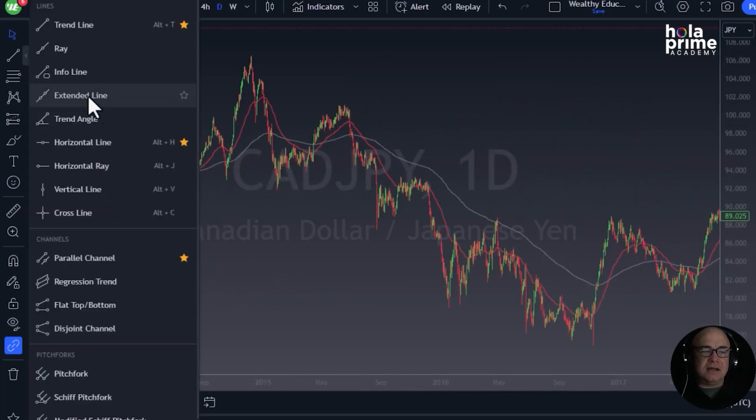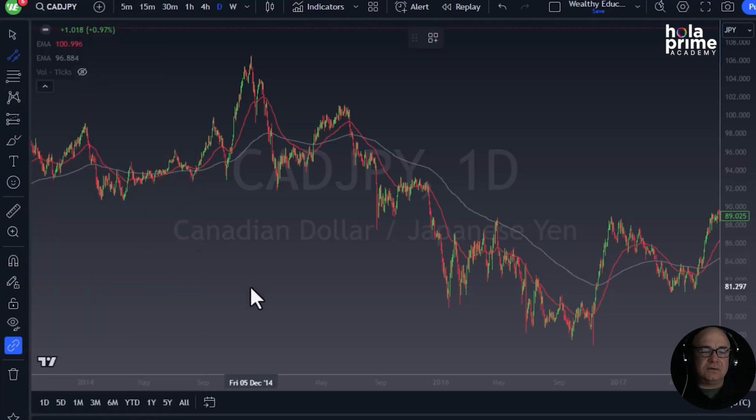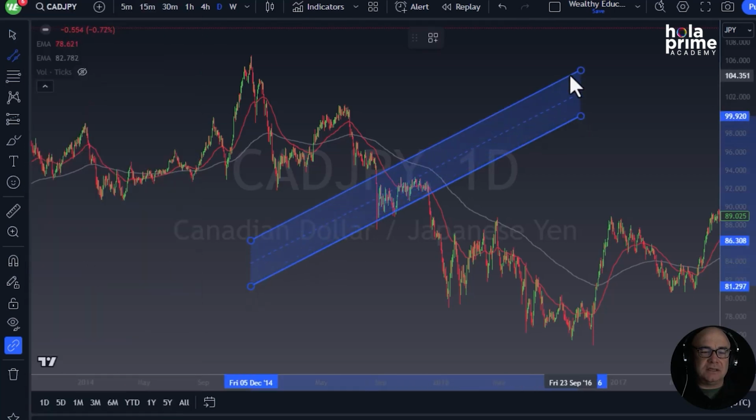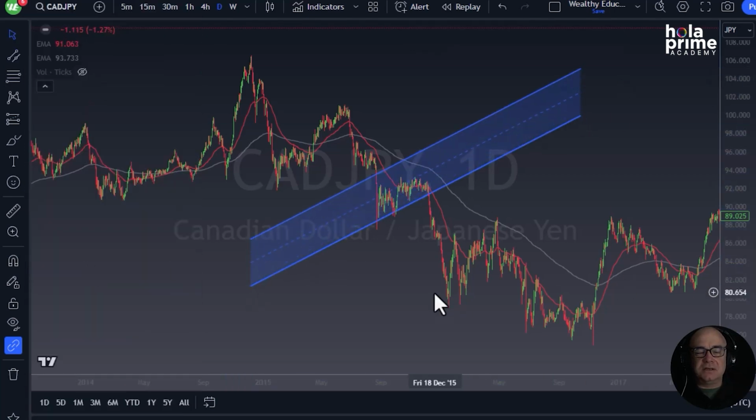Another thing that I would say that we need to look at is the possibility of placing stop losses. So on a channel, typically it's pretty straightforward. You just put it in an uptrend underneath the bottom part and in a downtrend above the top part.